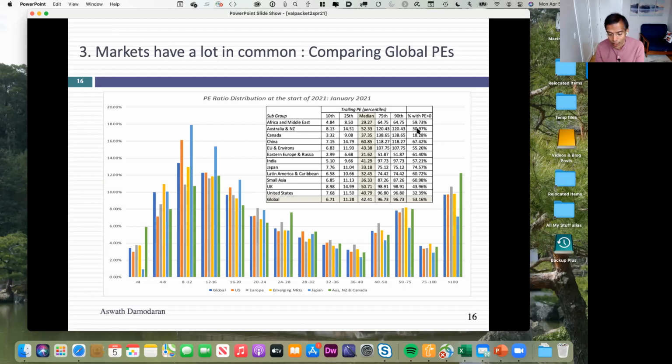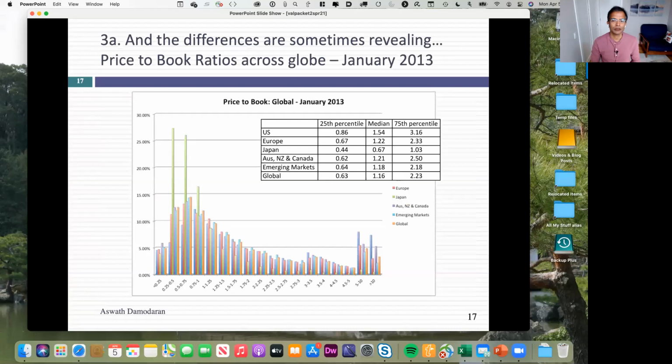Actually, it's Canada with almost 82%. That's because Canada has a lot of commodity companies, and 2020 was just deadly for those companies. But the US is way up there in terms of percentage of companies losing money. That's what the data is. There's no theory here. We're just making comparisons across markets and bringing in the data to make those comparisons.